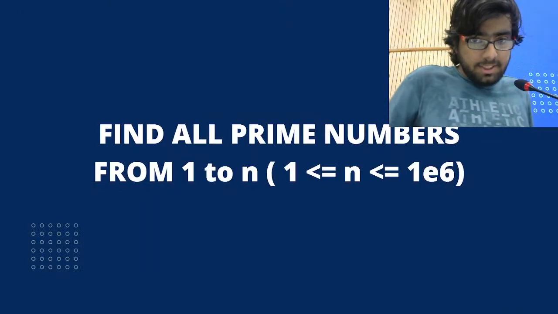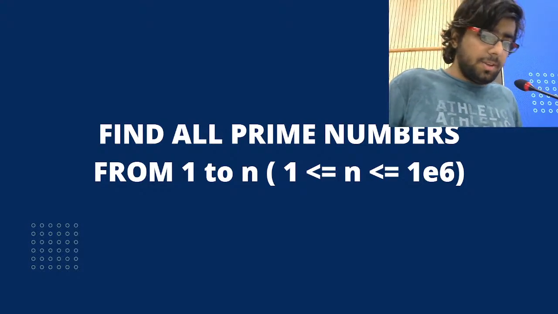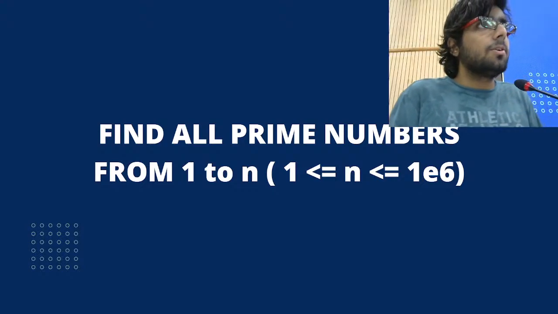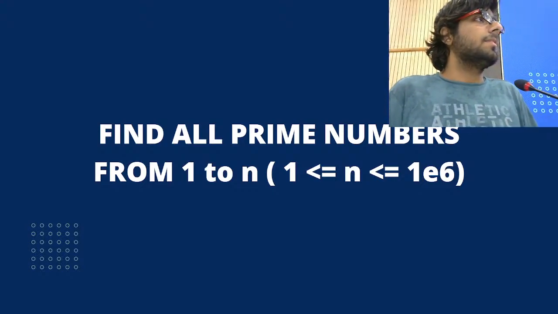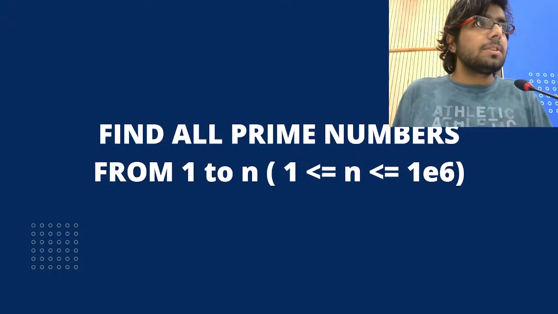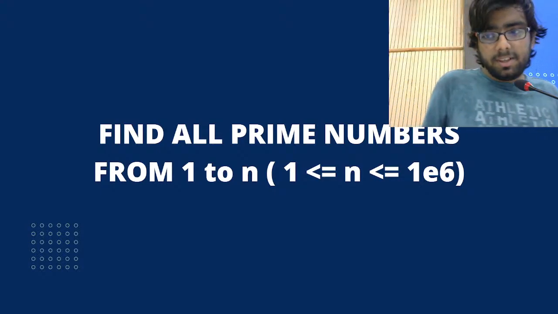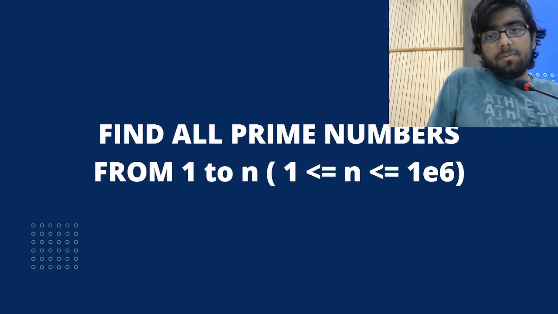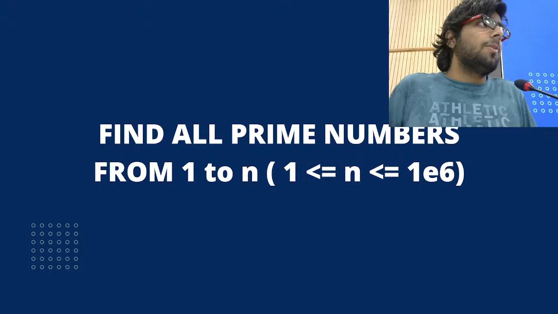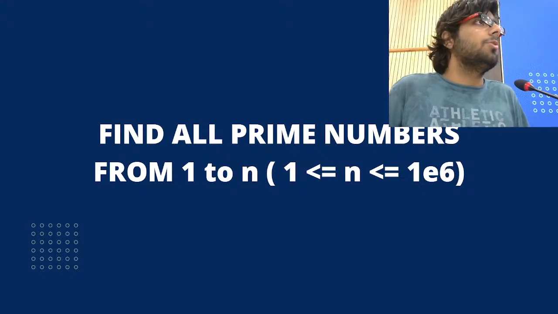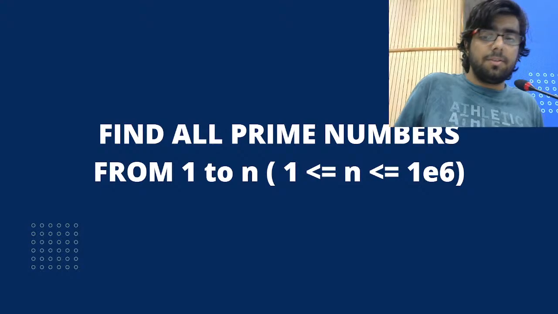So now the question comes: if we have to find all the prime numbers from 1 to a given number n, how do we do that? Anyone would like to answer? Yeah, we are going to discuss that next. So we can go from 1 to n and check whether each of them is prime or not, but that would take n root n time complexity, because for each number we are doing root n operations to check whether the number is prime or not.